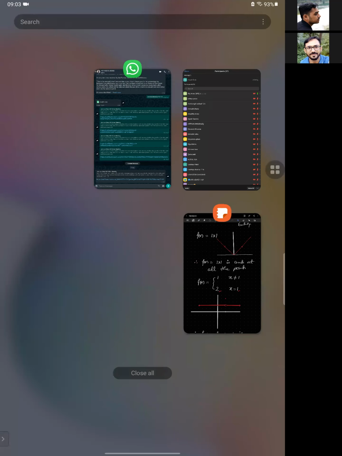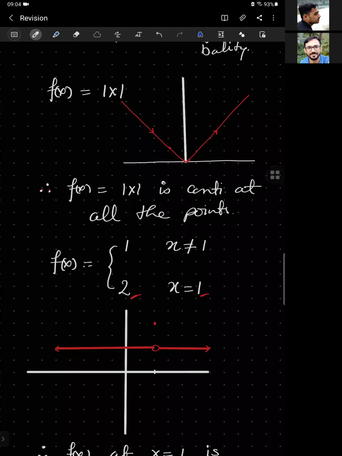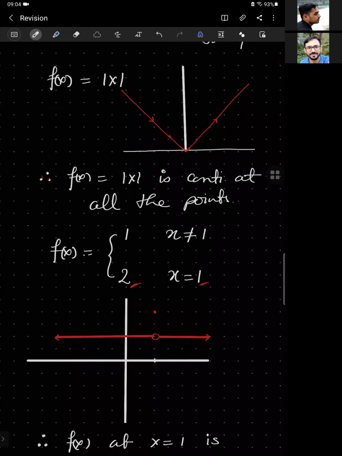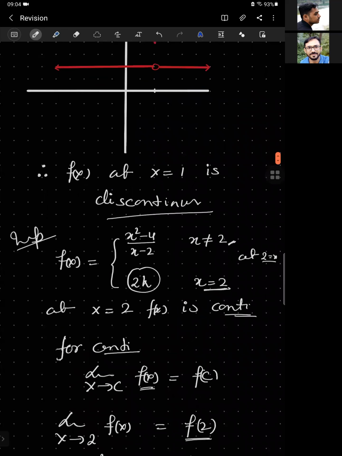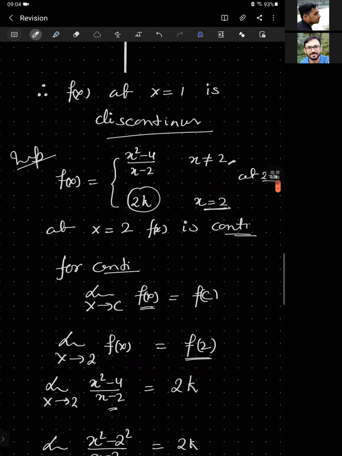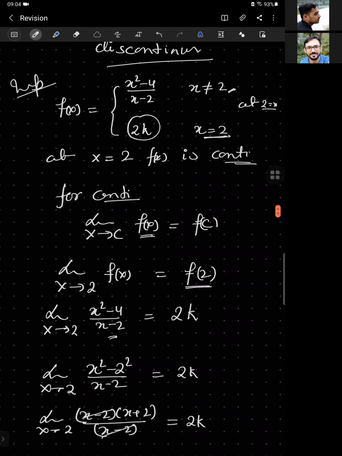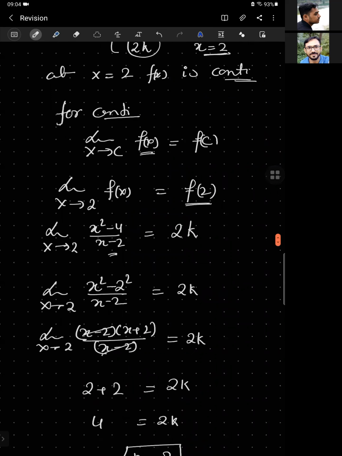So in MCQ type, you need not worry whether you are using the graphical method or the mathematical method using differentiation or limits. That is not affecting you. You will be getting full marks.